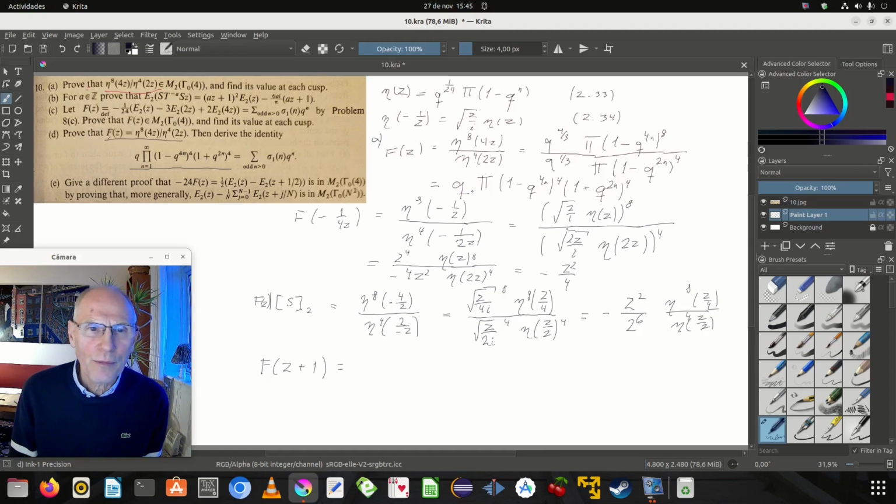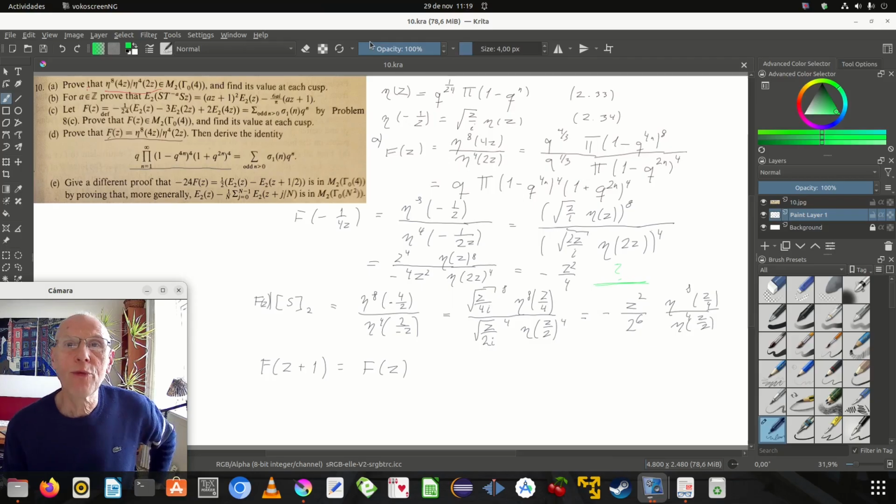The power expansion shows that it's periodic with a periodicity of 1. The new value of Q is just Q again. So that was the trivial one. I thought we should just work a little more on the problem.